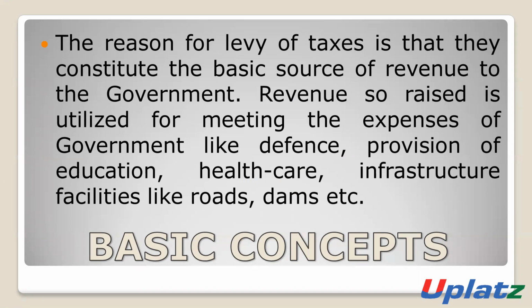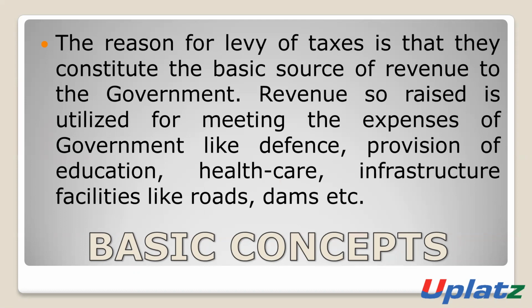The government collects the amount of tax from the person, and the amount which is collected by the government is used by them for the purpose of government expenses. For example, the total amount of tax which is charged by the government is 10 lakh.